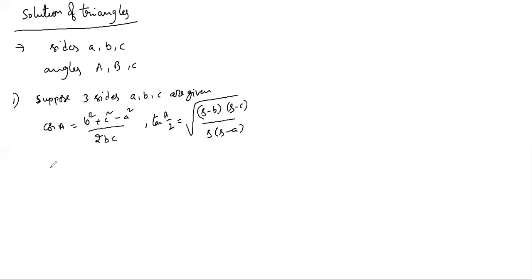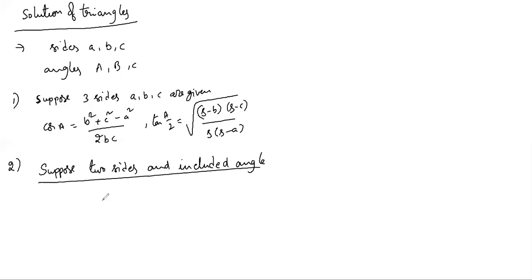Suppose 2 sides and the included angle are given, the angle between these two sides. Suppose 2 sides a, b and included angle C. If these 3 measurements are given, you can find the remaining 3.